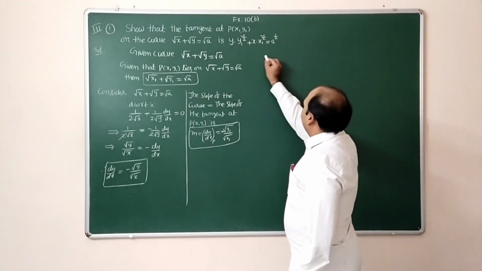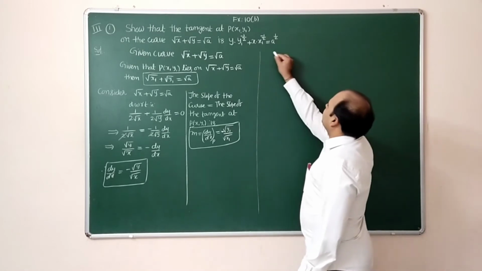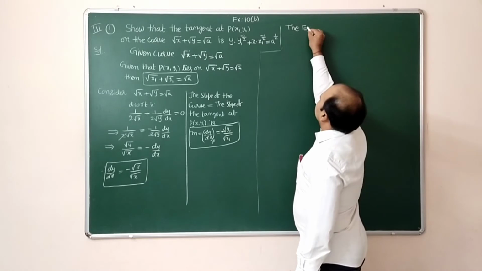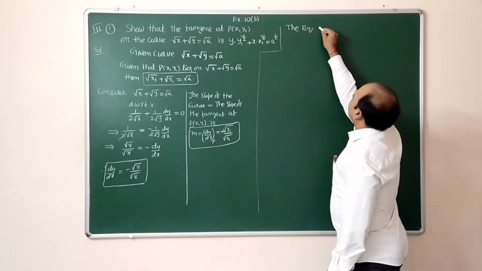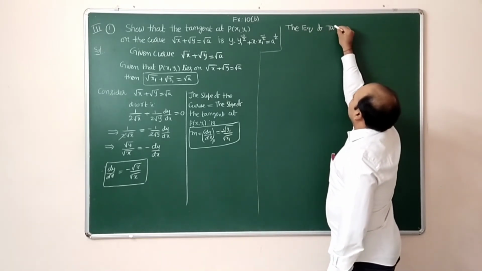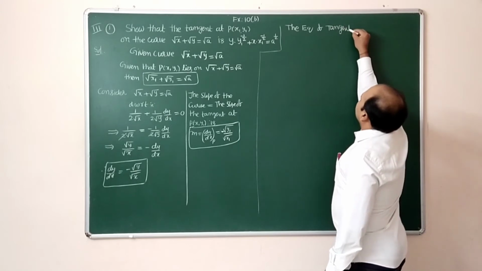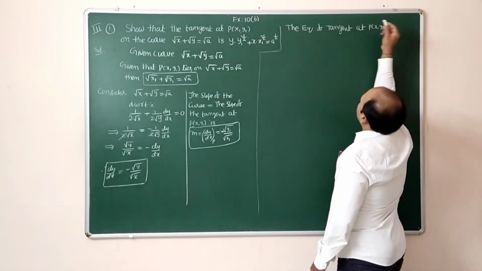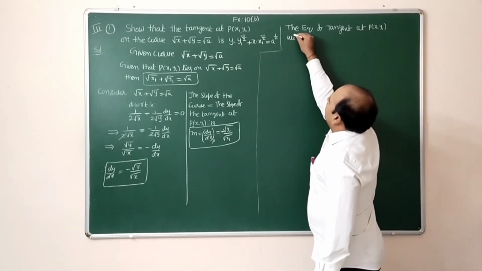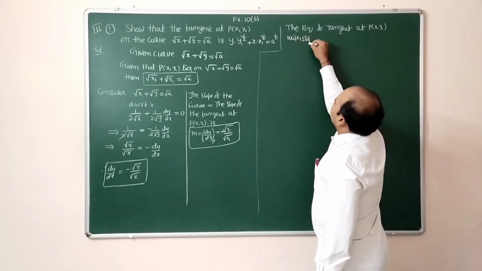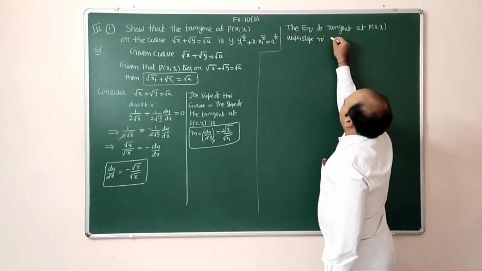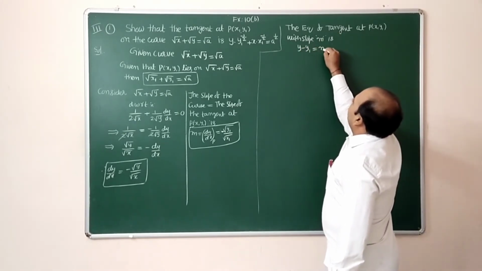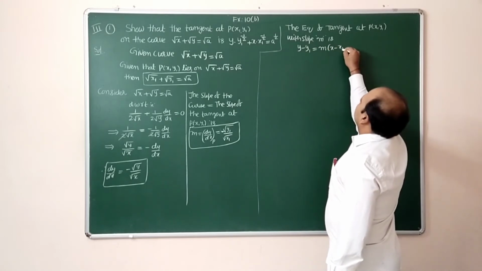In the next step, the equation of tangent at P(x1, y1) with slope m is y minus y1 equal to m into x minus x1.